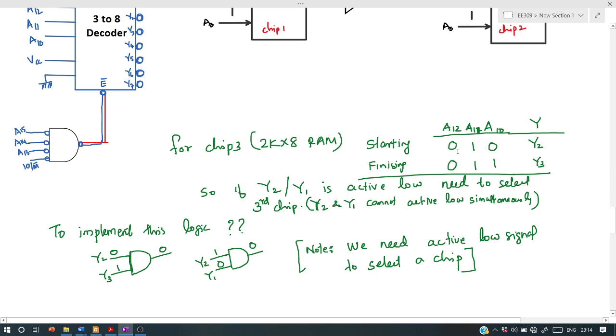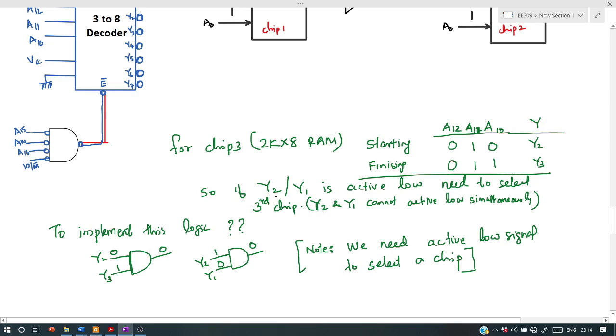So corresponding to this condition, in the decoder circuit, Y2 will be active low, and the remaining pins are active high, and during finishing time, for this condition, Y3 will be active low, and the remaining output pins are active high.